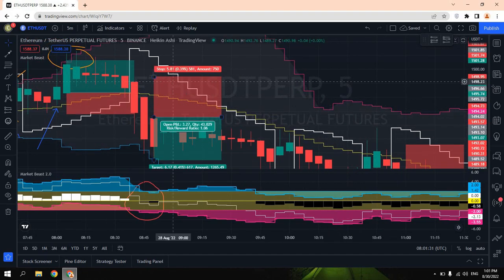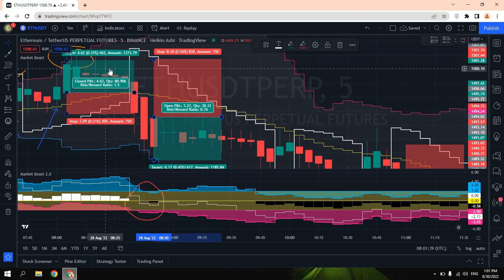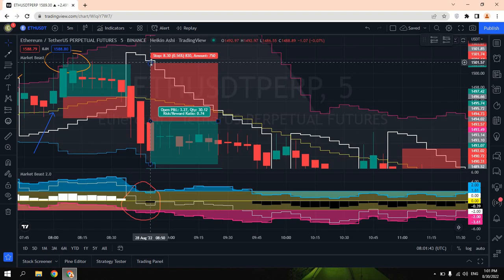What should be our stop loss now? Our stop loss should be above these long wicks. We can see there are no wicks here, but there are wicks. So this is a big stop loss while scalping on lower time frames, which is 5.7.